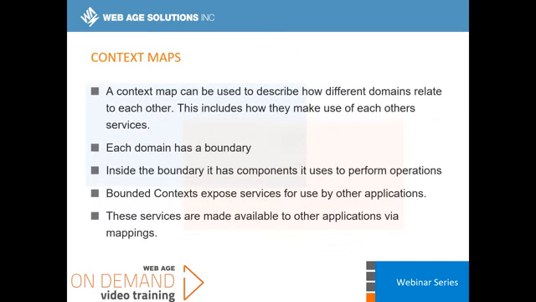So one of the ways that we can address the maybe answer is through the utilization of context maps. Right?